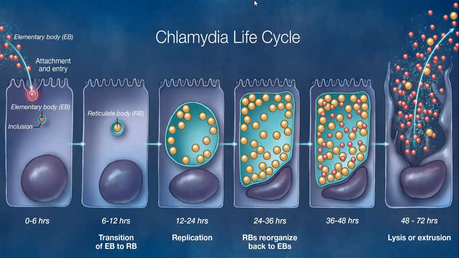They are not active on the intracellular form, which is not sensitive to antibiotics and antibodies. This is very important information. And then the reticulate body begins to transform into the elementary body, destroys the cell, and goes to find a new host cell.